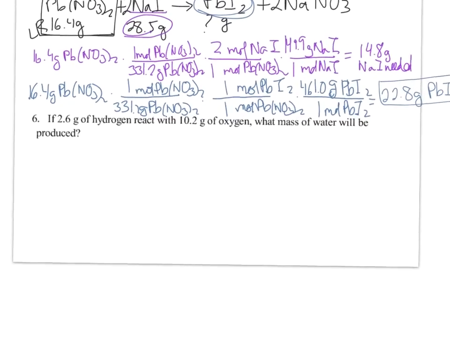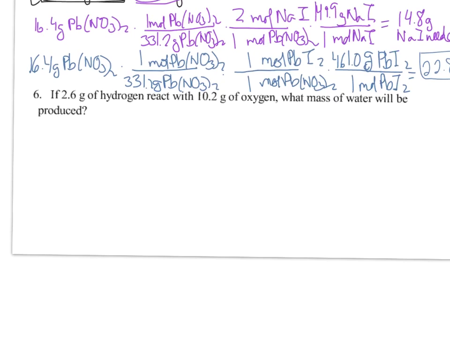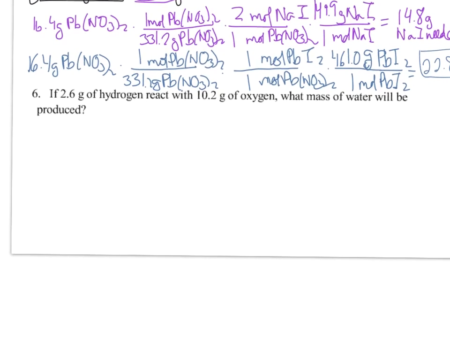So the last problem says we have 2.6 grams of hydrogen. They react with 10.2 grams of oxygen. We want to know what mass of water will be produced. First thing you do, write out your reaction. So let's do that.